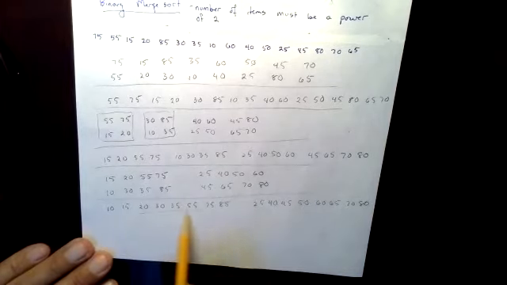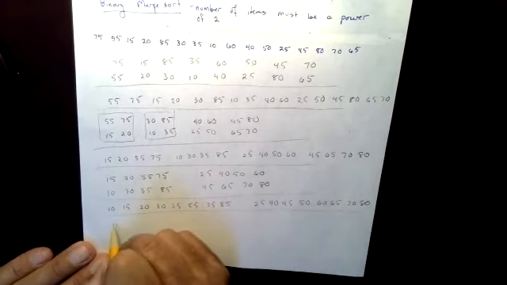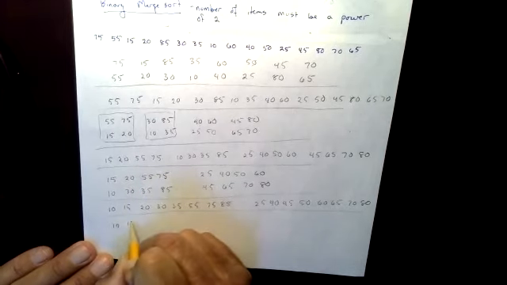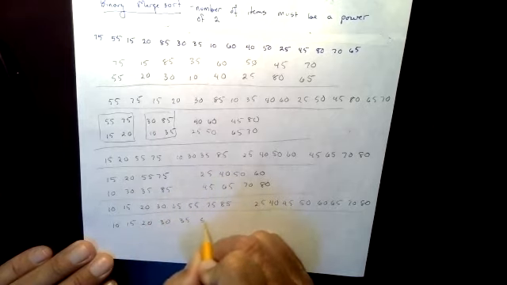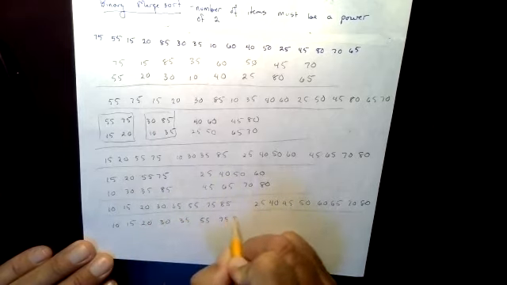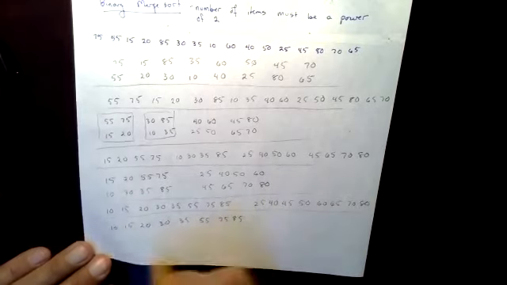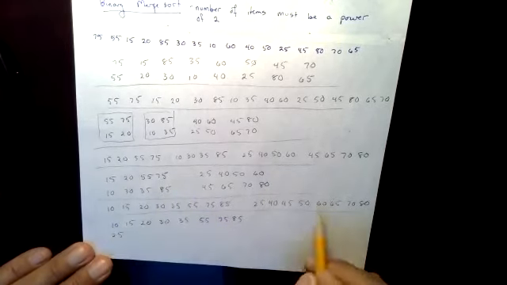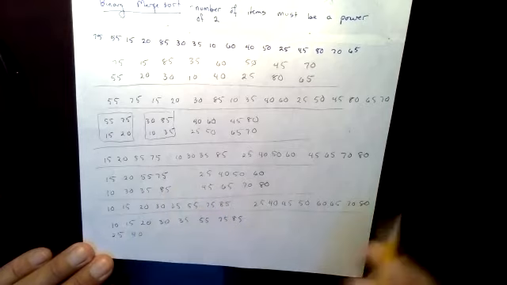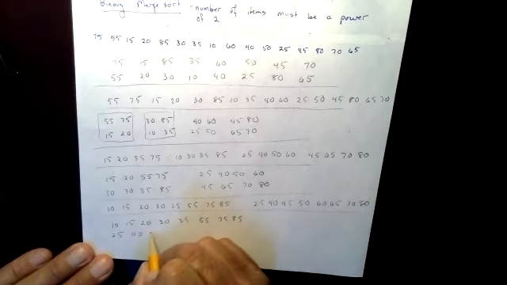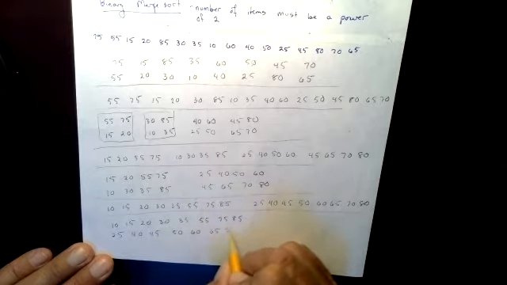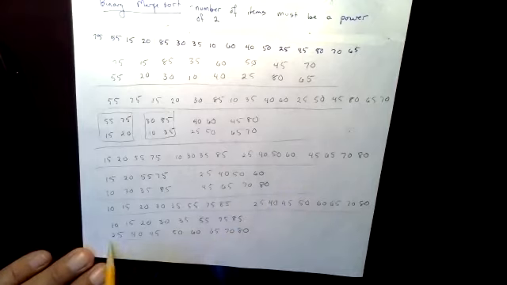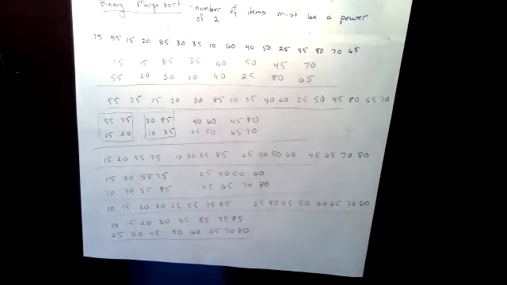I'm going to write it as 10, 15, 20, 30, 35, 55, 75, 85. 25, 40, 45, 50, and 60, 65, 70, and 80. And now I'm going to do one final merge to put them all together.